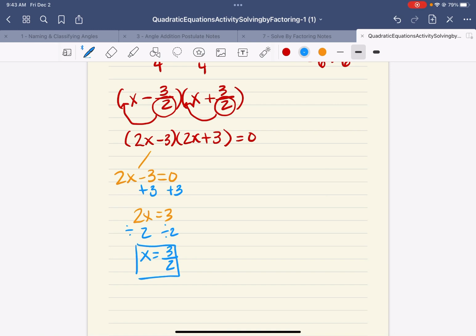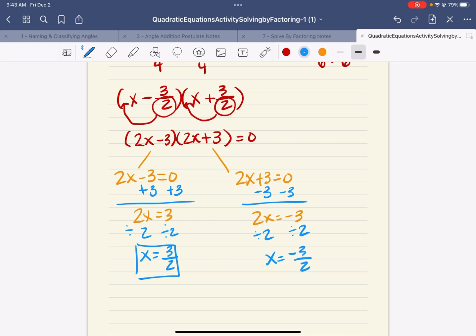Okay, then we would do the other one. 2x plus 3 equals 0. Same steps, except we would subtract 3 this time. So we get 2x equals negative 3. Then we would divide by 2 again. And we would get x equals negative 3 over 2.